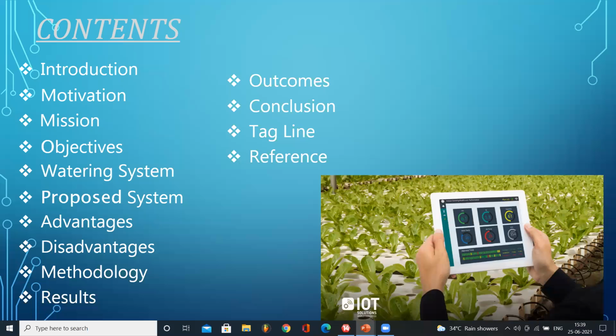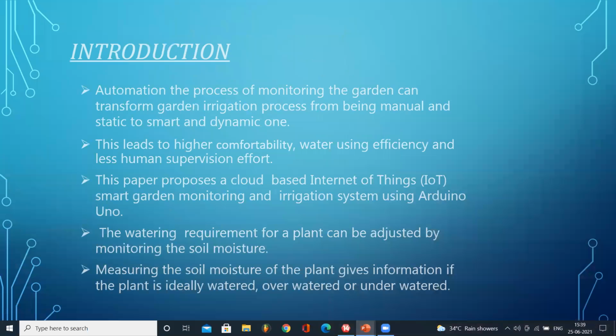So now, starting with the introduction, please move on to the next slide.